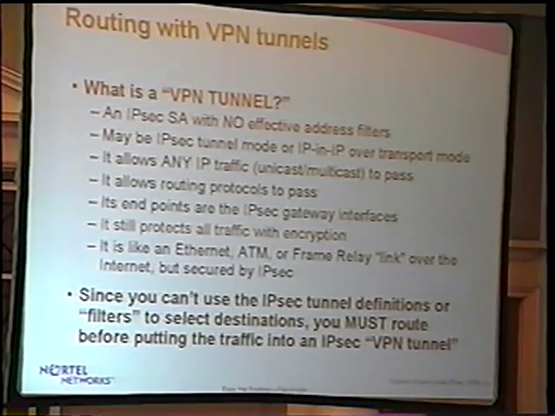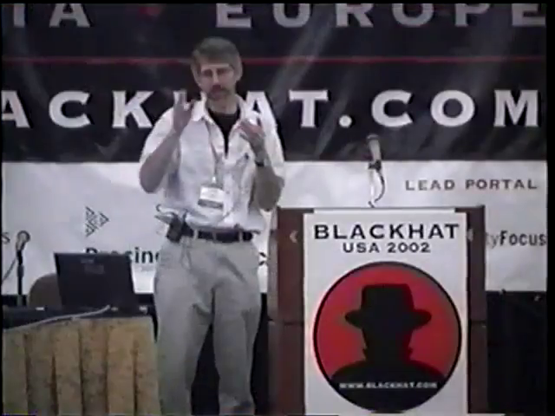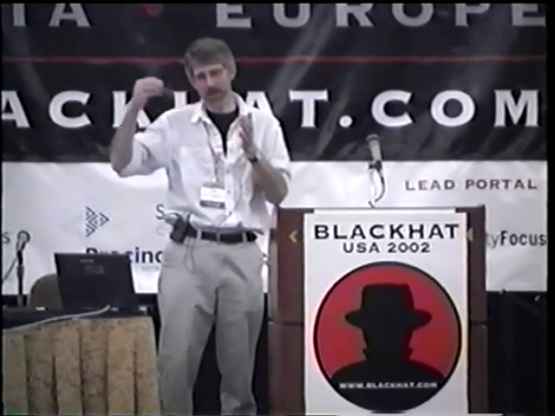So some of the terminology that's used, this is called a VPN tunnel. And we call it a tunnel even though it can be based on transport mode. So essentially the IPsec connection itself is no longer applying the address filters. So your routing functionality is selecting what packets are going to go there.